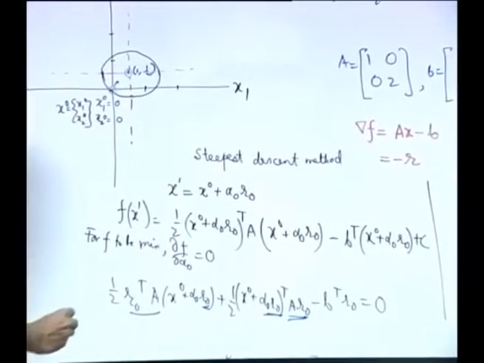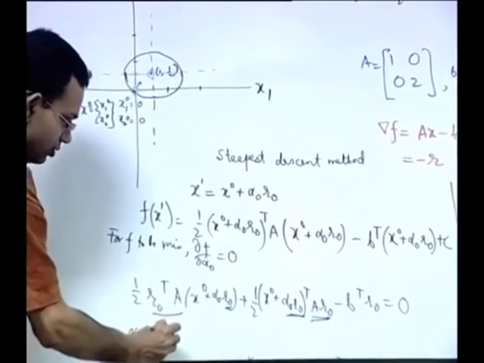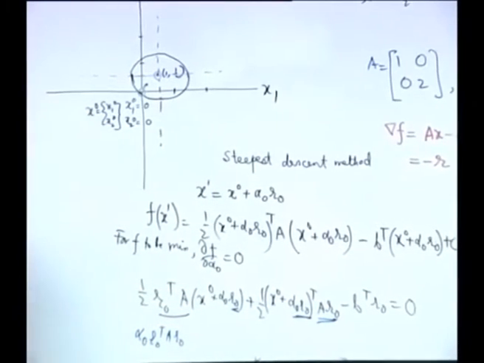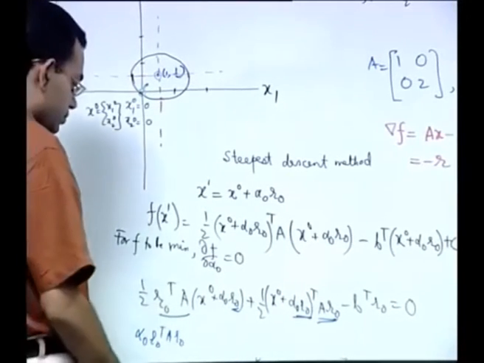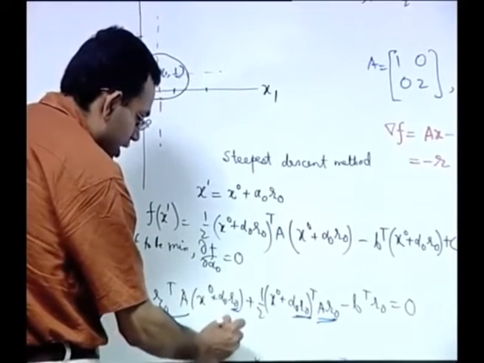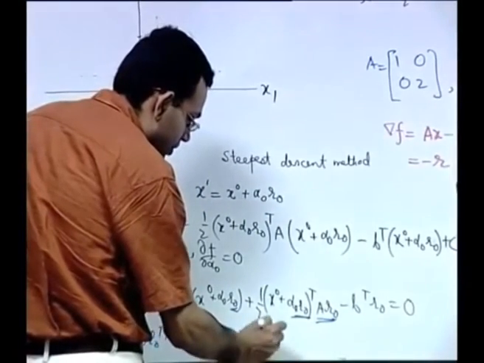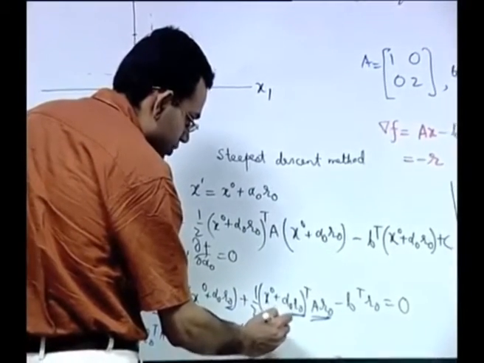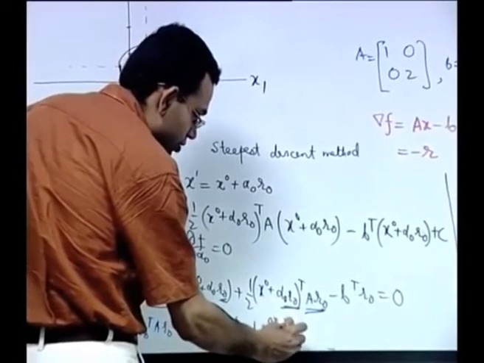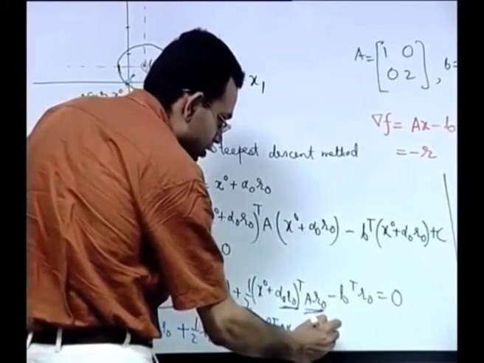So if you take alpha 0 common, it becomes alpha 0 r0 transpose A r0 plus half r0 transpose A x0 plus half x0 transpose A r0 minus b transpose r0 equal to 0.